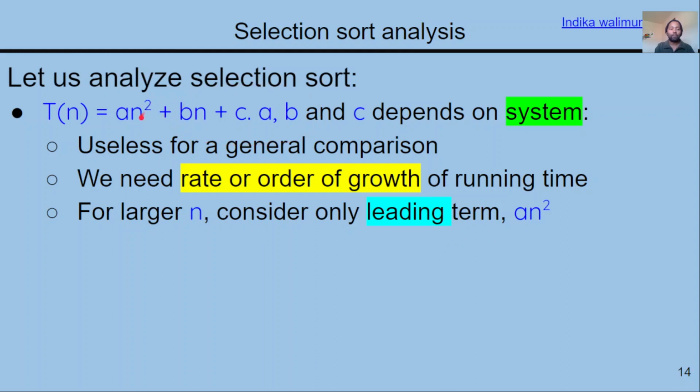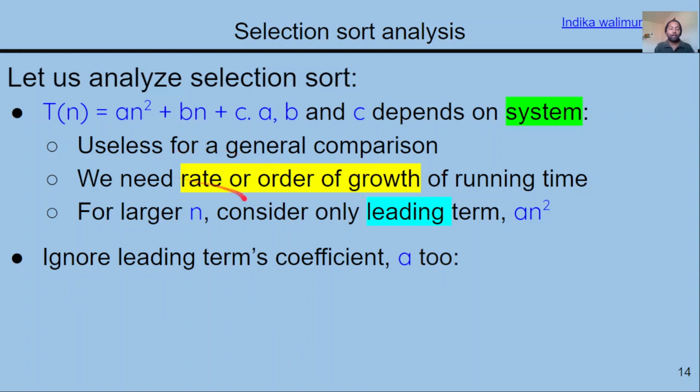Because this function grows to the power 2, when n grows really large, we can simply ignore these two terms, because their significance is really minimal. So we can simply take it as this, and then we can ignore A as well. Again, A depends on the system, so we can get rid of A too.